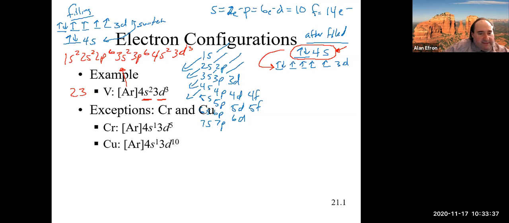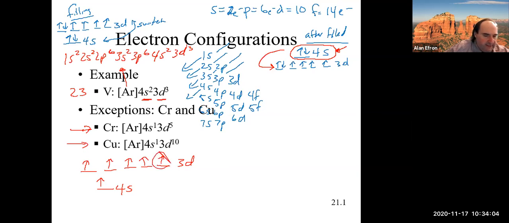Now, there's a couple of exceptions. Chromium, copper in the first row, there are two notable exceptions. They actually have one less electron in the S and one more electron in the D. So for something like chromium, it has that extra electron that basically populates the D. Let's put a little circle around it.